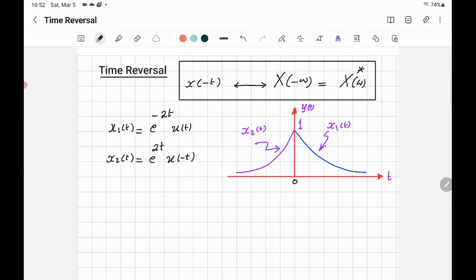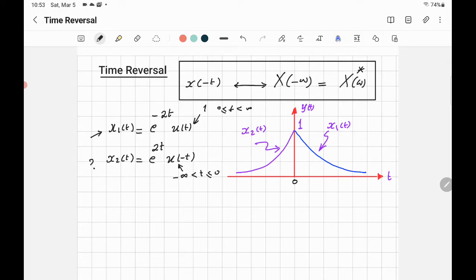And u of negative t means from negative infinity to 0. I want you to understand what u of t means. It's equal to 1 when t is greater than 0 and less than infinity. When you make it u of negative t, it means from negative infinity up to 0. So the signal only exists on the left. We have a formula for this one, but we don't have one for this one.